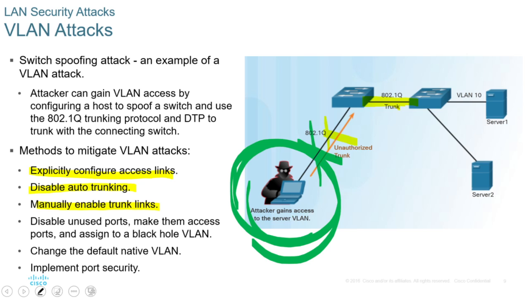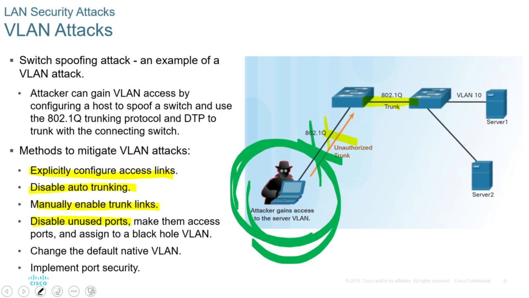And one of the important ones that we would do is disabling unused ports. So this is again very much useful in many different LAN attacks, or avoiding many different LAN attacks. That is disabling unused ports so that others cannot connect to those ports and do various things.